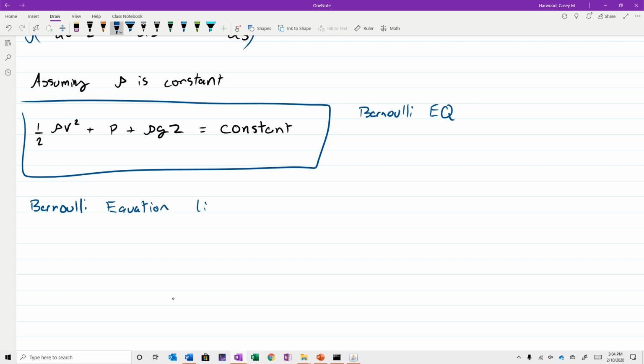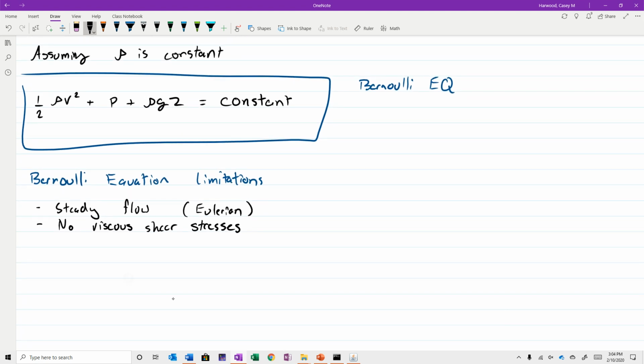Bernoulli equation limitations. These can be thought of as the inviolable laws of the Bernoulli equation. It only applies in steady flow, that is, in an Eulerian sense. No viscous shear stresses. Cannot be applied across streamlines, at least not yet.